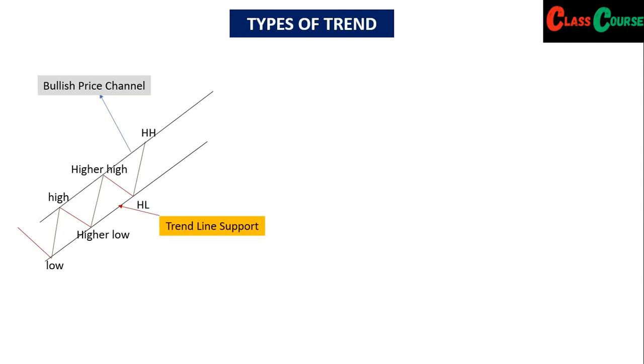So when the market is going upside in a simple way, higher low, higher high, higher low, higher high, higher low, higher high, then at that time a channel pattern forms, which means the market is in a bullish trend. So as long as the market is in that channel, that means the trend is towards the upside.